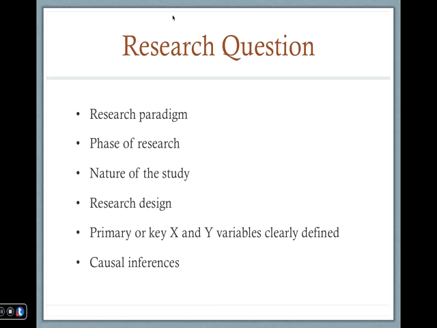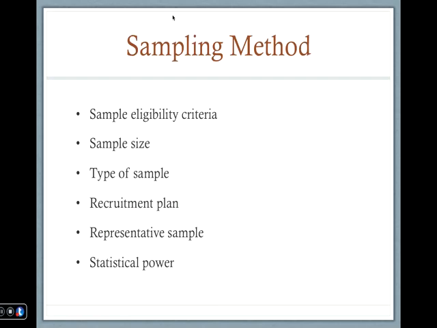Does this cause that? Only true experimental designs can draw causal inferences. There might be a relationship between two variables, but we can't say that X causes Y unless we do a true experimental design.